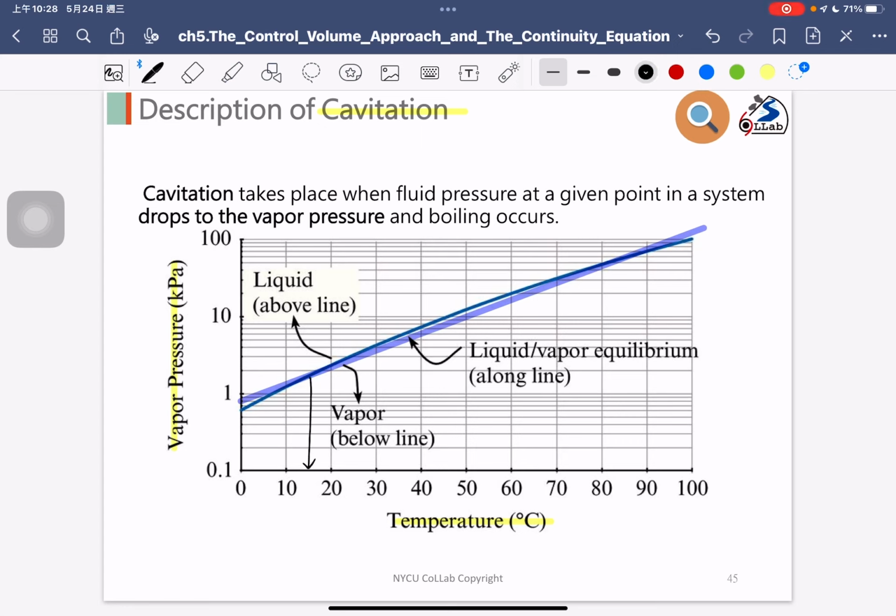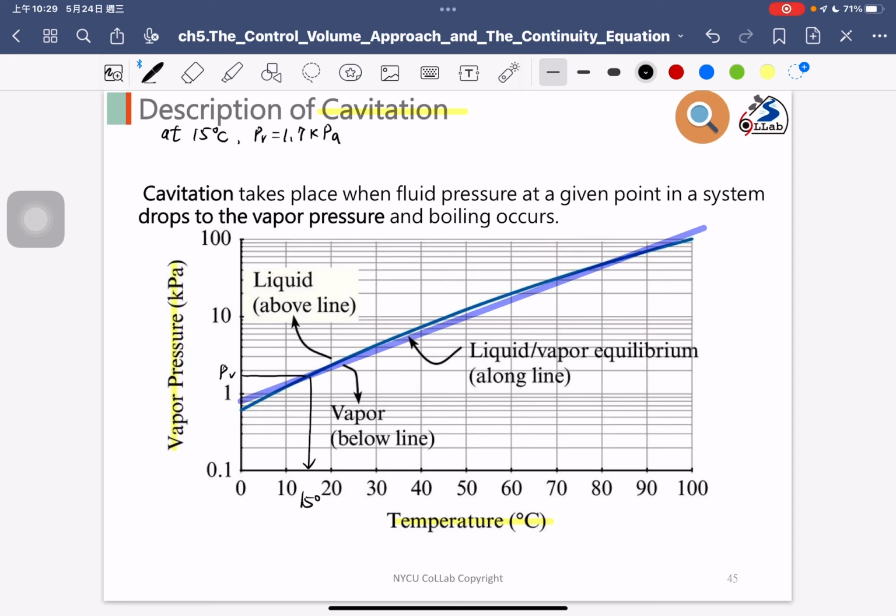This is 15 degrees, and then we will have the vapor pressure PV. So the condition, maybe at room condition, 14 degrees, and maybe the vapor pressure in that condition will equal 1.7 kilopascal.